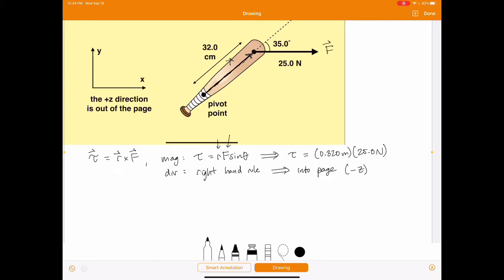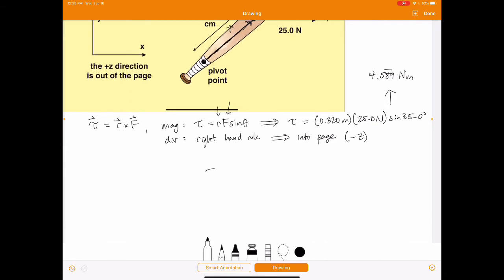And then we have the sine of the angle between them, which is sine of 35 degrees. If you calculate this, you're going to get 4.589, but we'll keep 3 sig figs. Newtons times meters is the unit. So what we'd say about this torque is, the torque is minus 4.59 newton meters k hat to indicate that we're in the negative z direction.